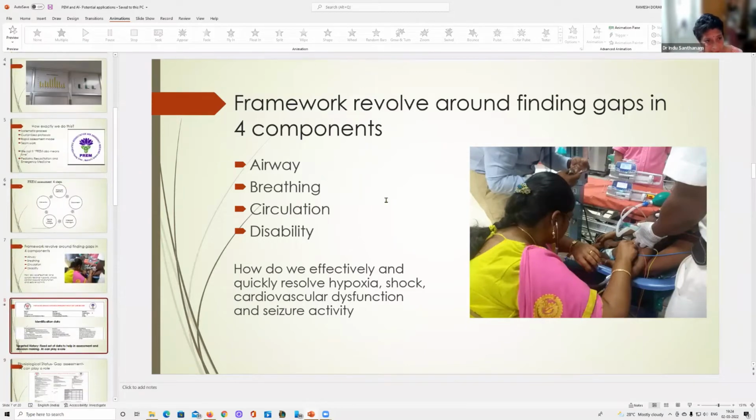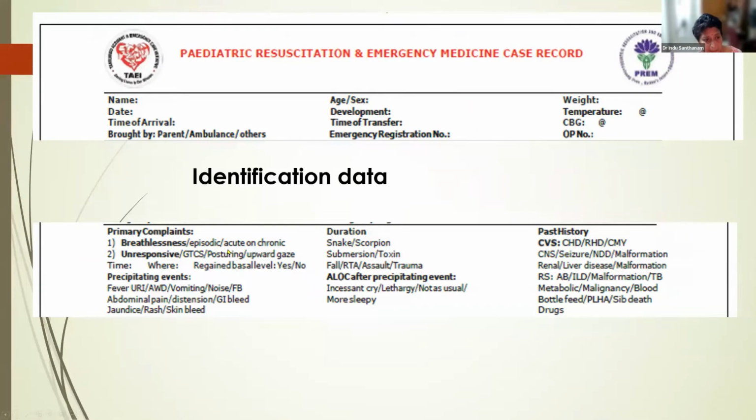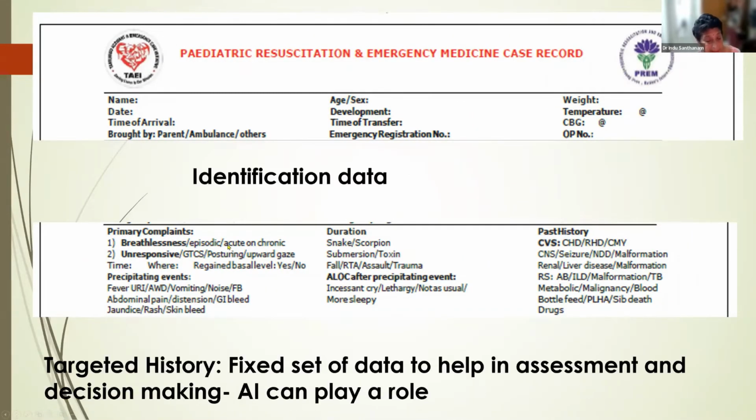So this record has identification data. It also has the targeted history. We don't expect them to take a detailed history on vaccination or their state of nutrition or socioeconomic status. This is very focused on the illness at hand.